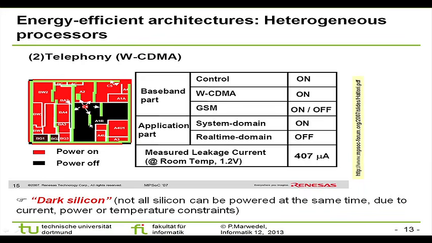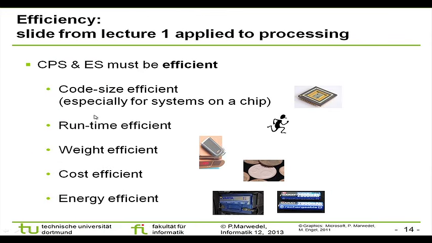Thereby some parts, like the baseband part, are on. If it is CDMA or GSM, both, I can put CDMA on, and this can be on or off. The real time tasks I am not doing, I want to put them off, and thereby I can reduce the leakage current, etc. So, dark silicon, you can see this.